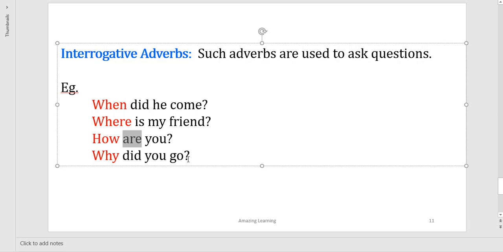This is related to the action that is going to be performed, because of which we can say that these words are qualifying the specific word which is already a verb. So those words which qualify a verb are called adverbs, and those which are used to ask a question are called interrogative adverbs.